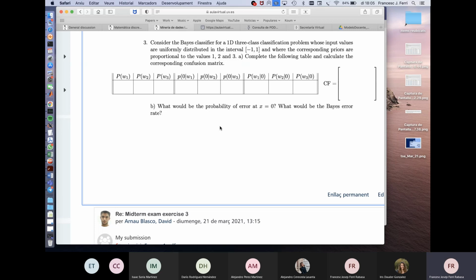I was planning to do an exercise here, but I haven't had time. I will upload some exercises if you want to go a bit further with this and finish understanding these concepts. Any questions about the Bayes classifier, about basic parameters, about confusion matrices?